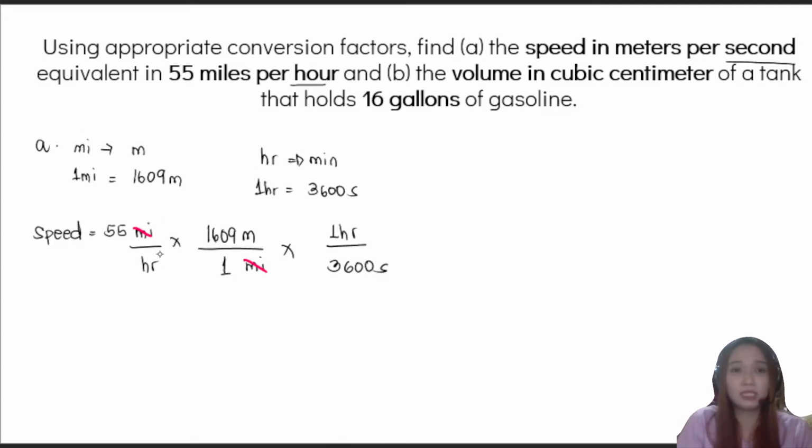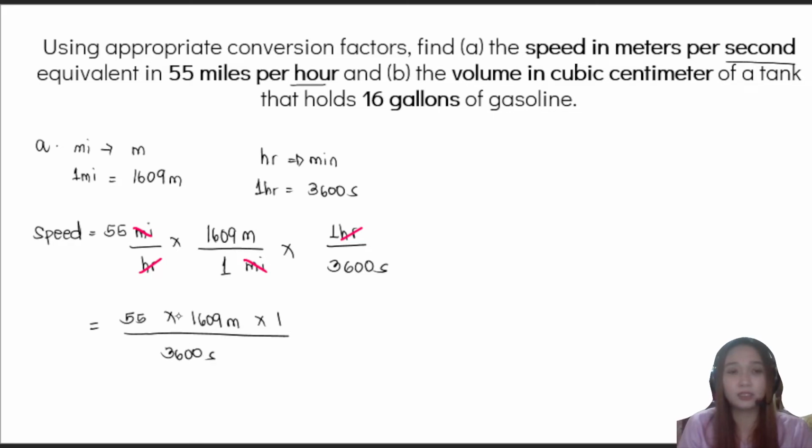Okay, once we have canceled the original units of measurement, we can input this in our calculator: 55 times 1,609 meters times 1 over 1 times 3,600 seconds.